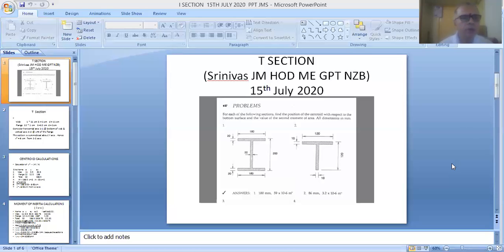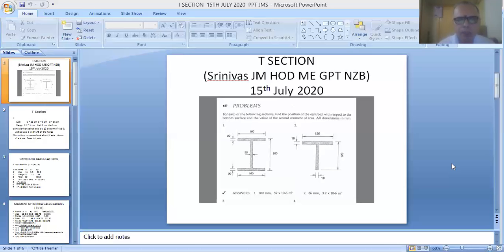So now we are going to do some calculations, center of gravity calculations and moment of inertia calculations pertaining to T section. These figures are given in this problem.